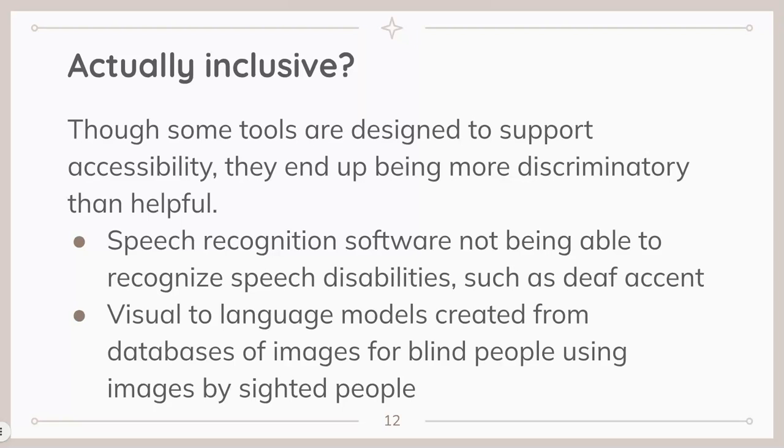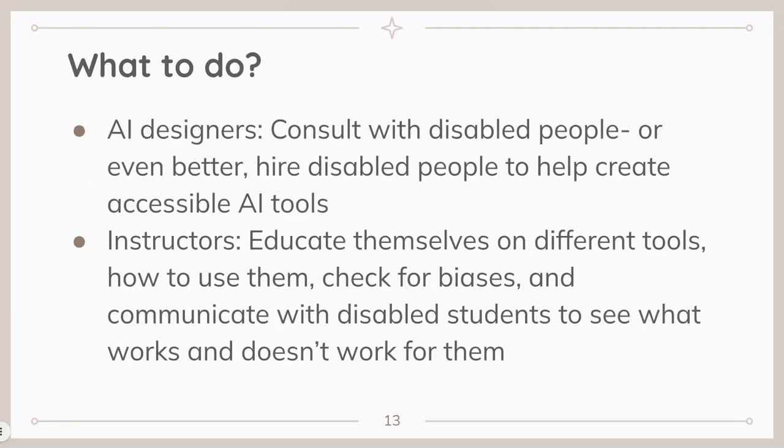Another example are visual to language models created from databases of images, and they're meant for blind people, but they're using images created by sighted people. So they're using images from people who don't have visual problems, which means that the images are not actually going to be helpful for the people who need them the most.